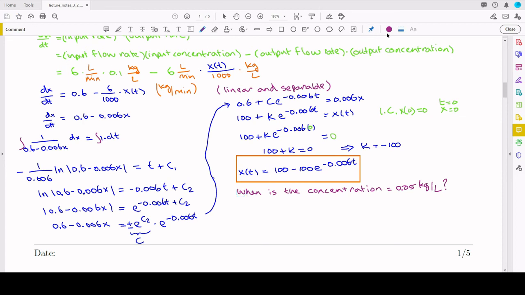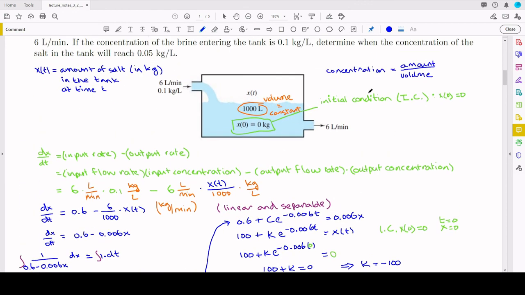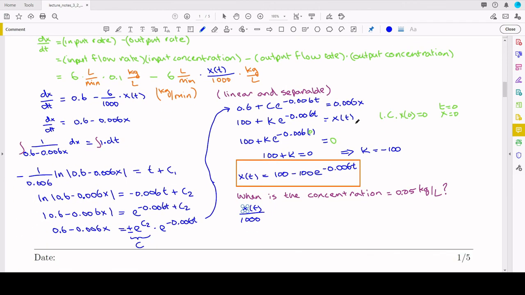And so what we have to do there is, concentration is the amount x of t over 1000, which is the volume. So this is my concentration, x of t over 1000, right? It's the amount over the volume. The volume is constant, so that's the concentration. And so that has to equal that 0.05. Or equivalently, by multiplying both sides times 1000, you have to solve x of t equals 50.